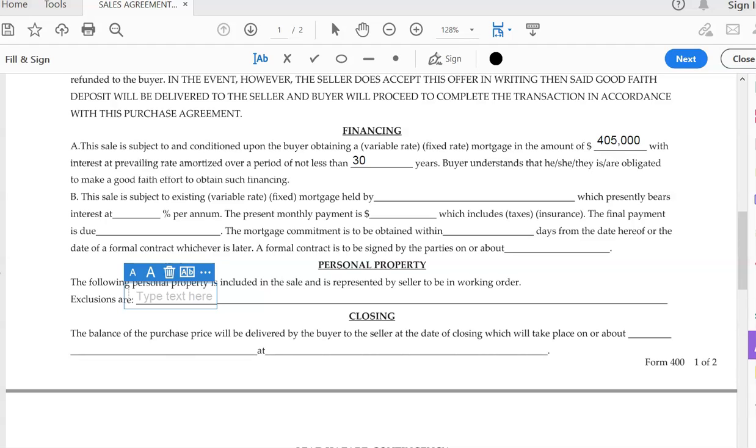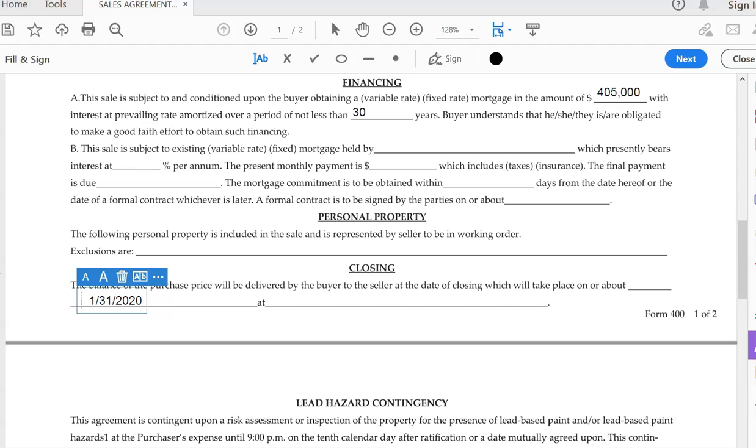Closing. So the balance of the purchase price will be delivered by the buyer to the seller at the date of closing, which will take place on or about. So let's put, for the purposes of this, January 31st, 2020. So what's the location?